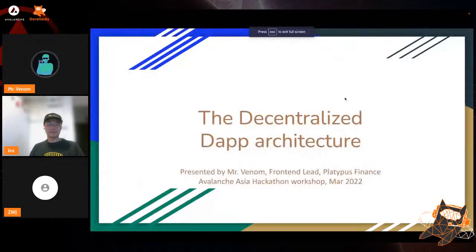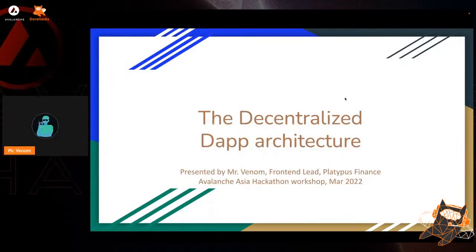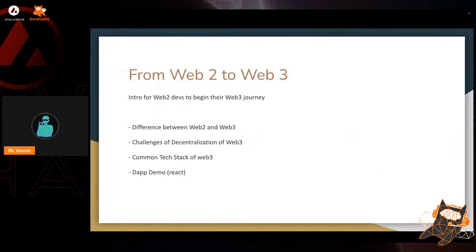So the topic I want to talk about today is called decentralized app architecture. Basically, what I want to share is my journey from a Web2 developer to becoming a Web3 developer.